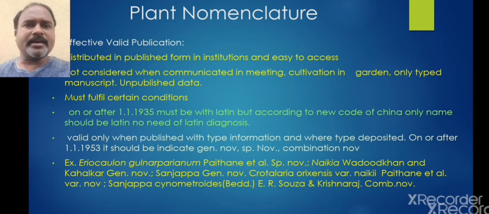I have given an example here, Eriocaulon gulnar parianum Paithane et al., species nova. That species nova means you have described a new species. So you have to write that species nova. Without writing it, it is not considered a valid publication. Even in the case of genus also.